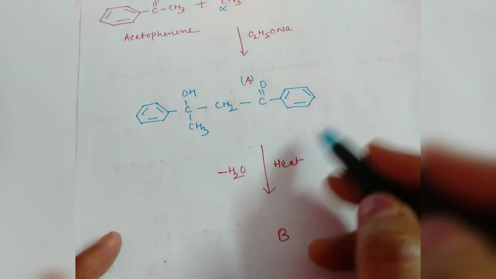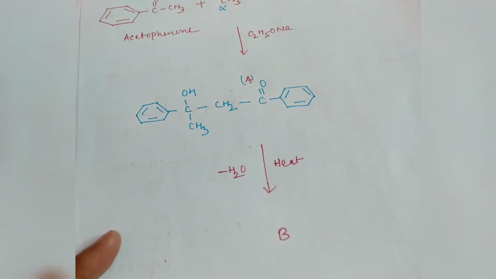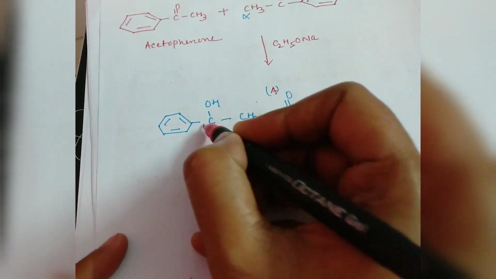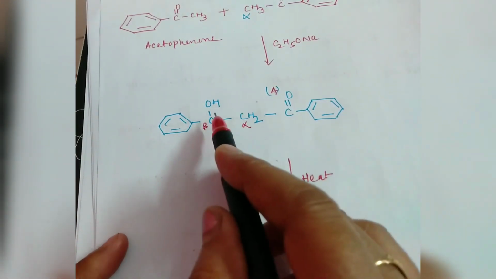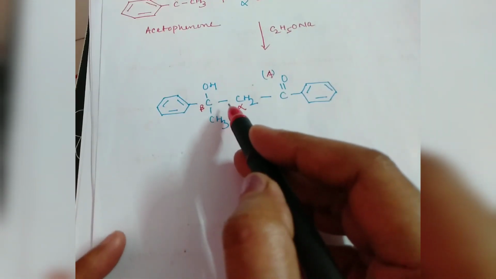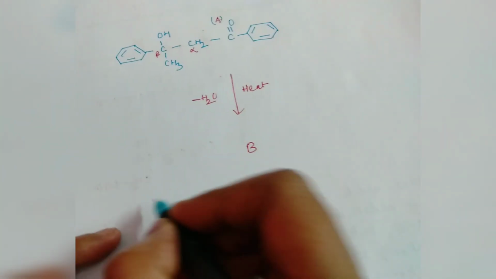Now when you heat this, there is a dehydration that takes place. Dehydration means here again, this one is your functional group, this is your alpha carbon, this is your beta carbon, one water will be removed here, hydrogen and this OH. So here there will be a double bond. So what will be the B product? What will be the product?